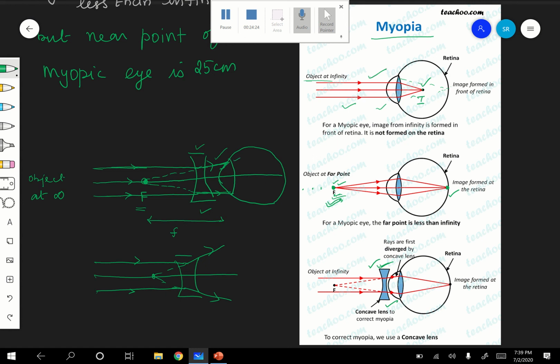Now the myopic eye is happy. The lens has formed the image at F, so it can see very clearly now, because the light ray is diverged and falling on the eye lens. So now it is happy. Now what does it do?